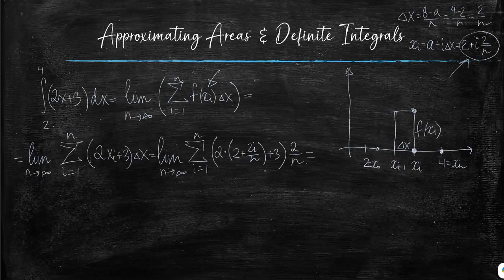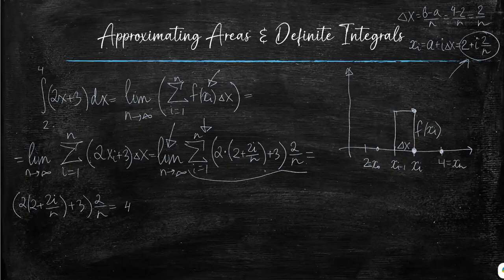Before we get to compute this limit, we need to figure out this sigma. So let's focus on what's inside sigma. So we have 2 times (2 plus 2i over n) plus 3, times 2 over n. And let's simplify. So let's distribute that 2.